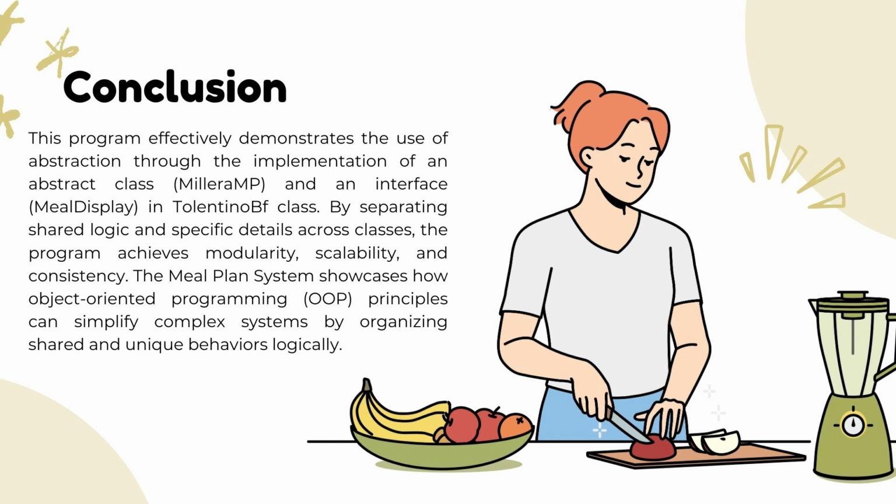By separating shared logic and specific details across classes, the program achieves modularity, scalability, and consistency. The meal plan system showcases how object-oriented programming principles can simplify complex systems by organizing shared and unique behaviors logically.